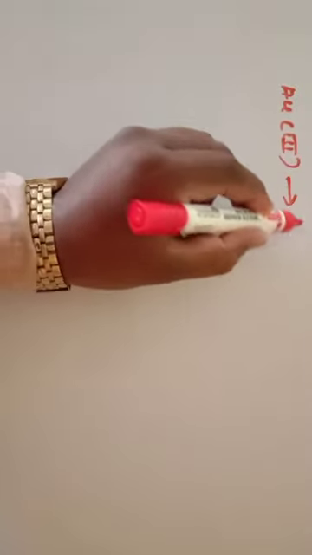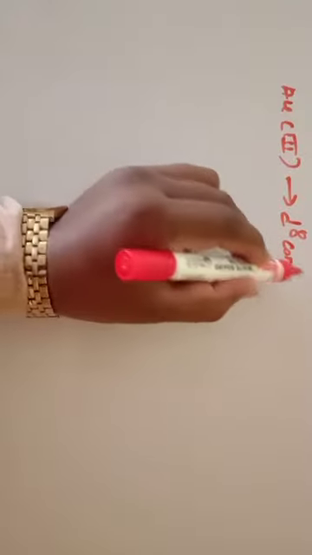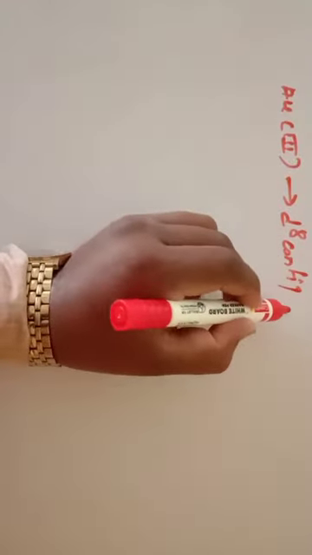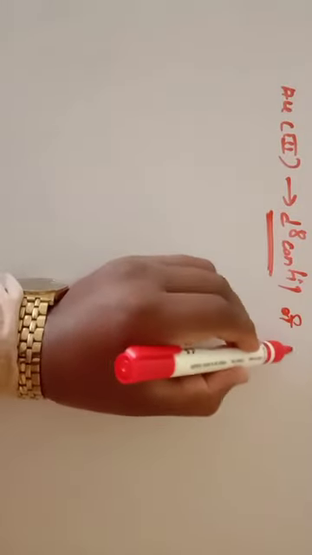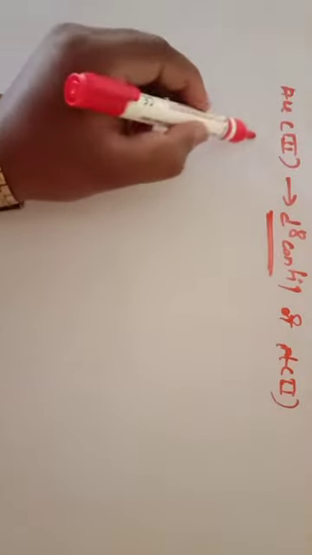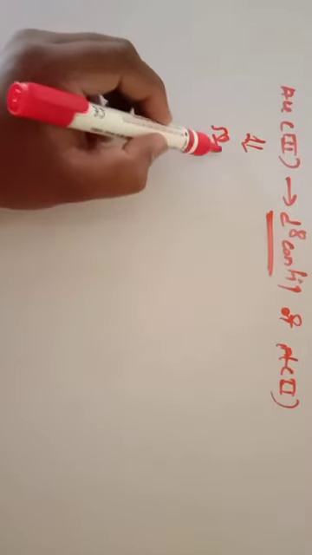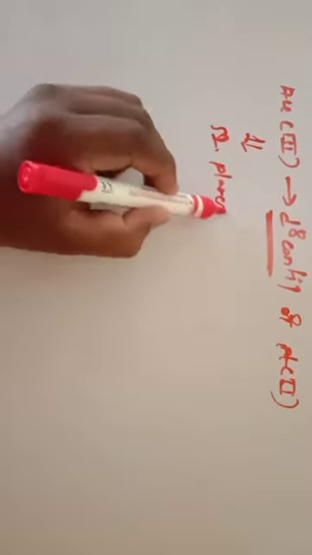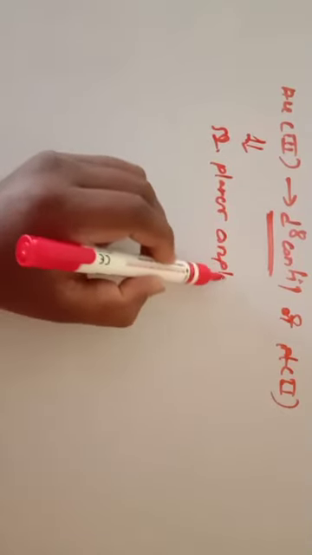It has a d8 configuration, which is isoelectronic with Pt second, and therefore it generally forms a square planar complex.